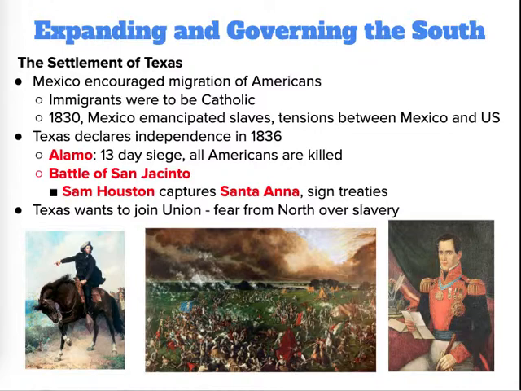As the Mexican government asserted greater political control over Texas in the mid-1830s, the Americans split into two groups. The Peace Party, led by Stephen Austin, wanted more autonomy for the province, and the War Party wanted independence from Mexico.